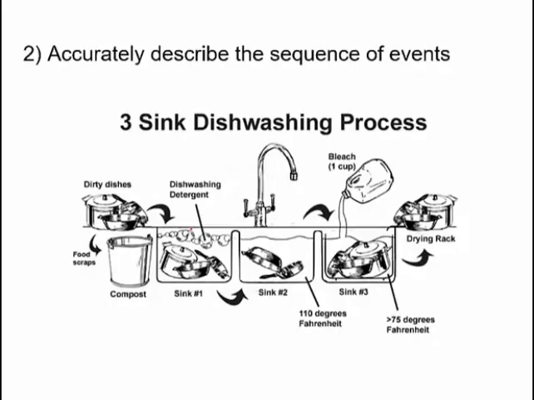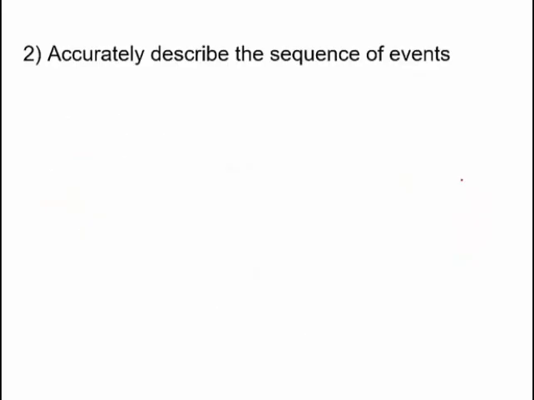So from here, we need to have a description of everything from all the way on the left where we have dirty dishes to the drying rack over on the right. Each stage in this needs a description, and we need to figure out a way to put what we see here into language. All right, so before we have some examples of that, let's talk about a couple of things to keep in mind. One good thing to try is to find a verb for each section of the image.